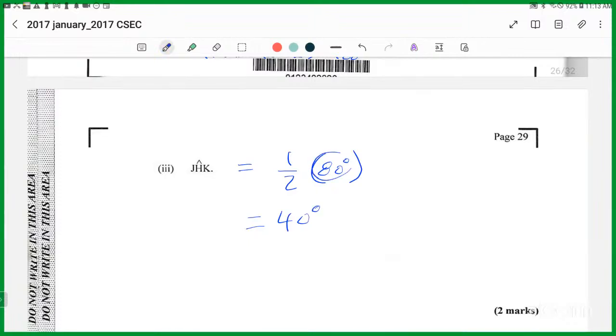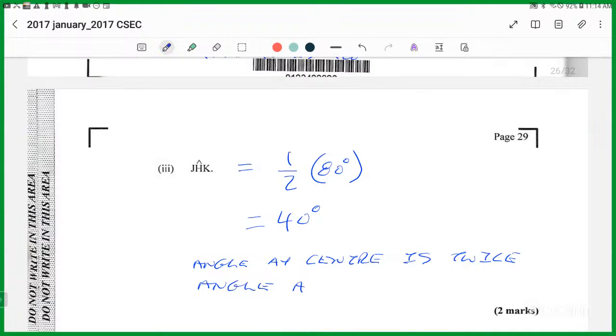But the one at the center must be twice the one at the circumference. So angle at center is twice angle at circumference.